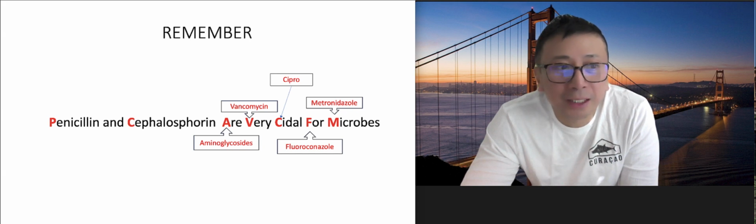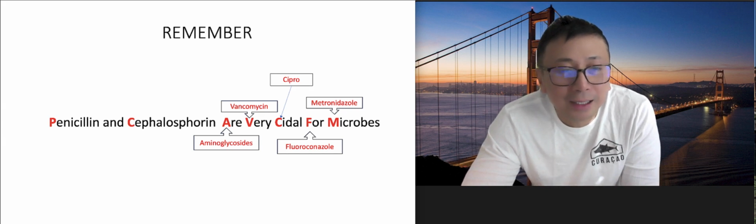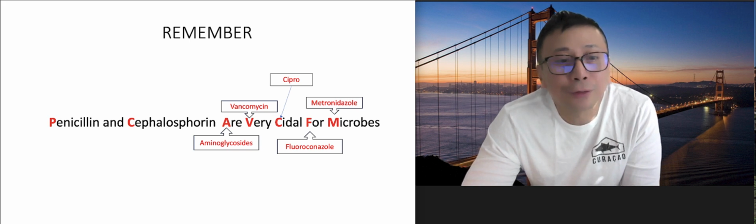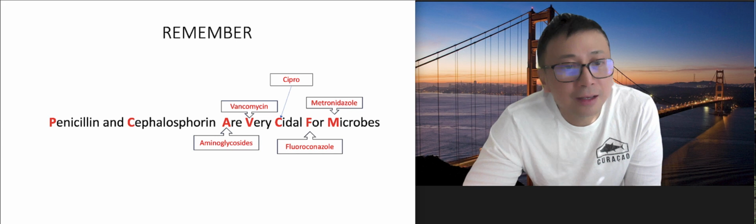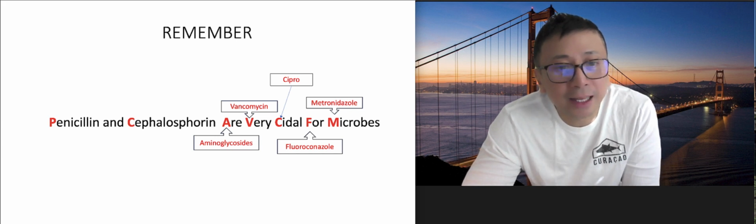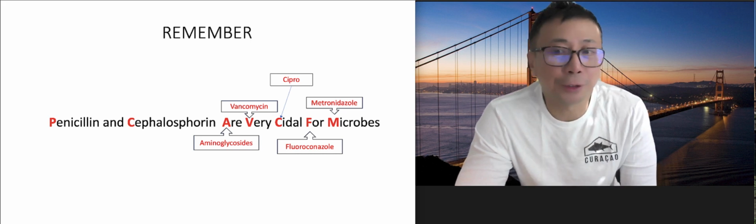Remember, penicillin and cephalosporin are very vital against microbes, right? So P for penicillin, C for cephalosporin, A is for your aminoglycoside, V is for your vancomycin, C for your Cipro, and then F for your fluoroquinolone and metronidazole for your M.